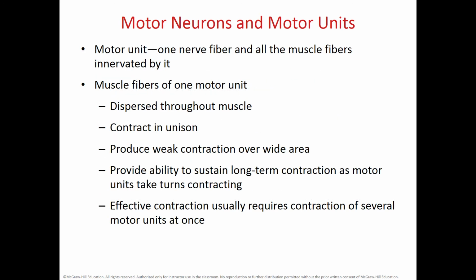And when one neuron connects to all the muscle fibers that it can connect to, it will form a motor unit. So muscle fibers of one motor unit will be dispersed throughout the muscle, and they can contract synchronously, in unison, so that they can produce first a weak contraction over a wide area, and then they will provide the ability to sustain a long-term contraction as the motor units take turns to contract.